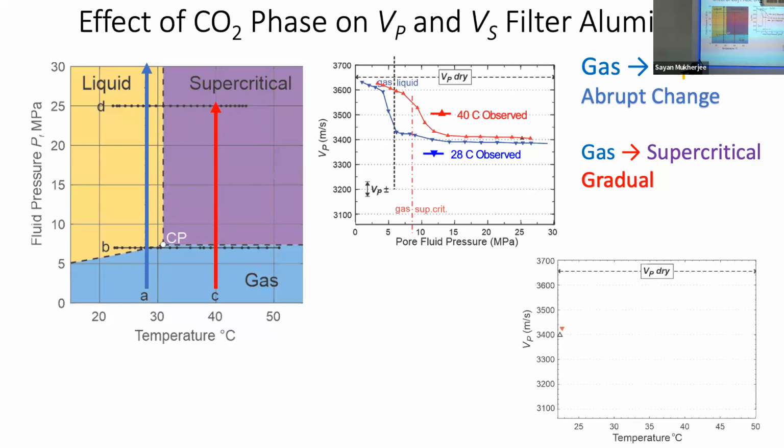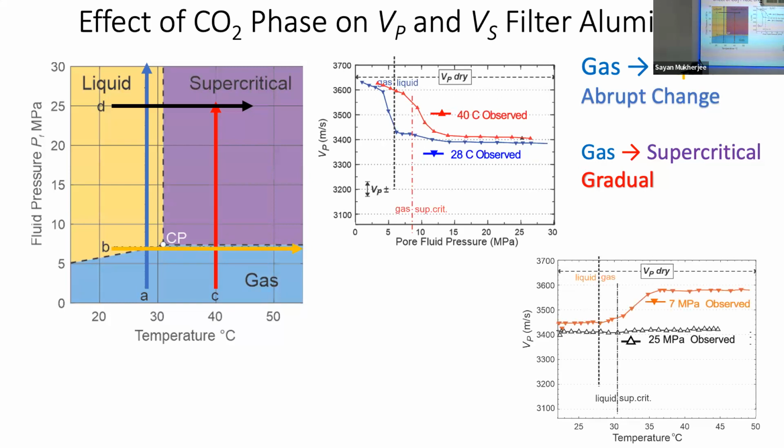So here, if I go from the liquid to the supercritical, here's the VP, right? Hardly any change. That's at 25 megapascals, and that's at 7 megapascals. So here we're basically still close to the supercritical phase transformation, and here we're not, right?